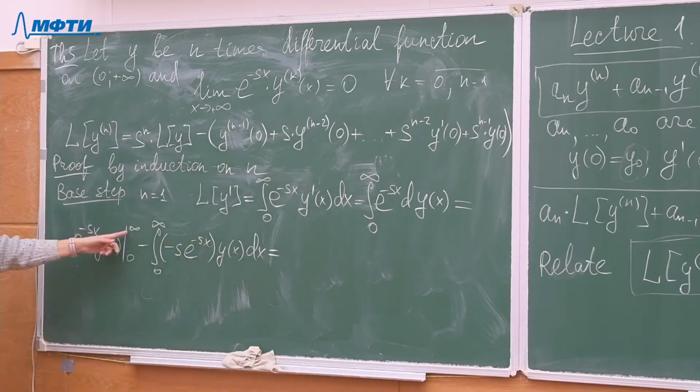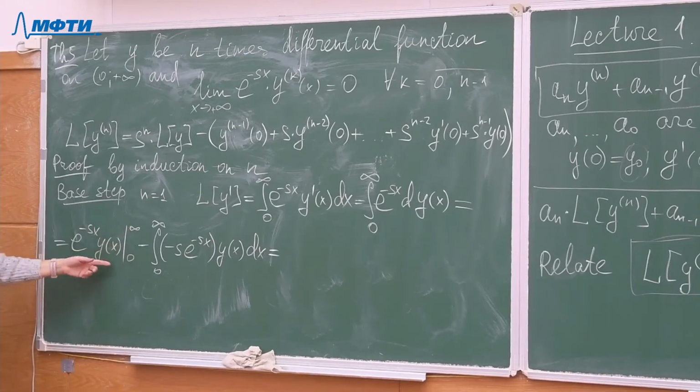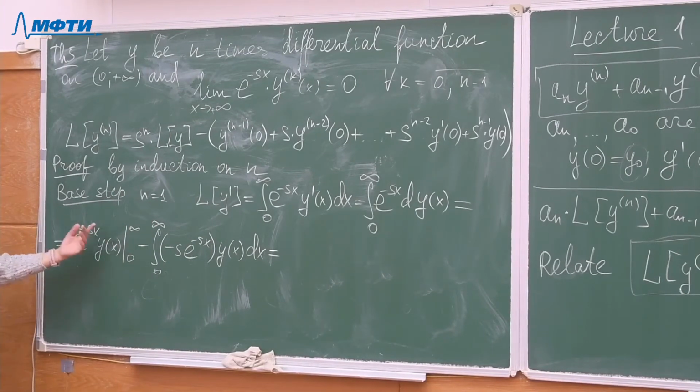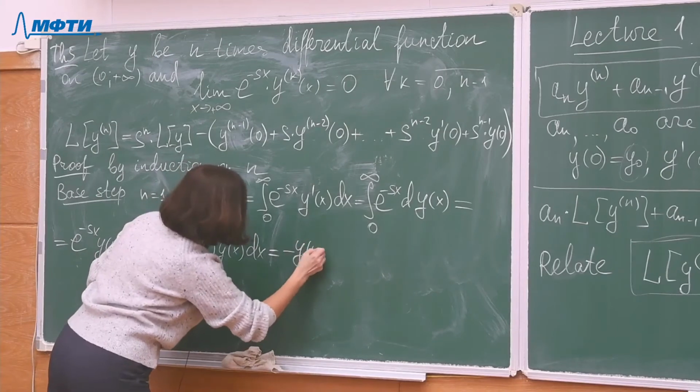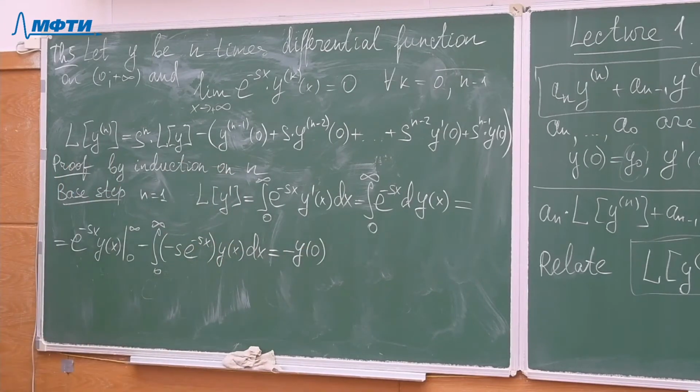So on substituting infinity, we will get 0 minus, and the lower limit 0. This will be y of 0, and the exponential is 1, right? So we will get minus y of 0. Okay, do you agree?